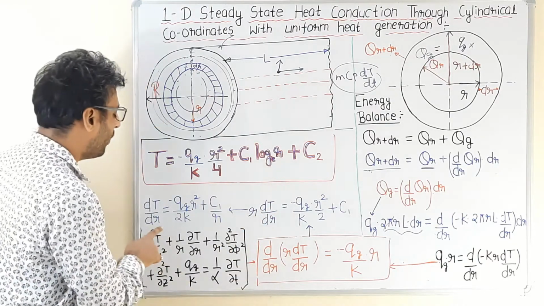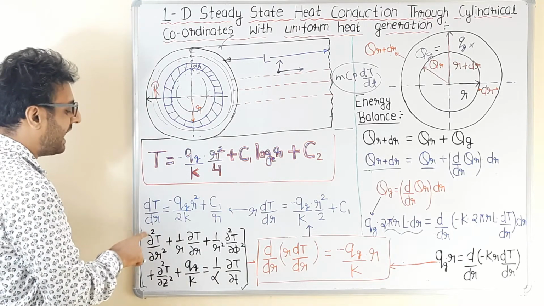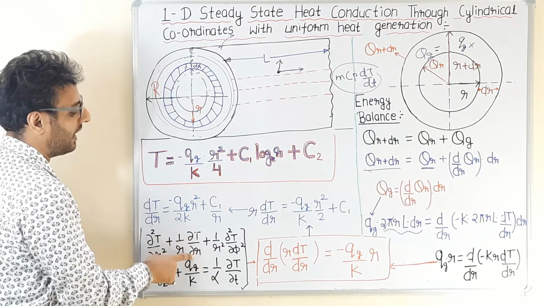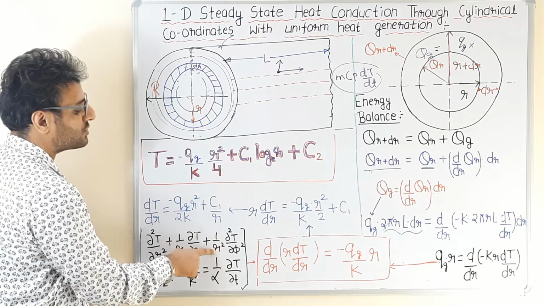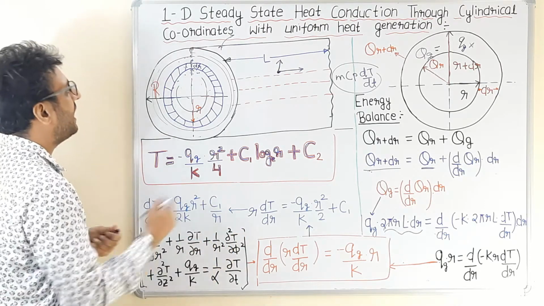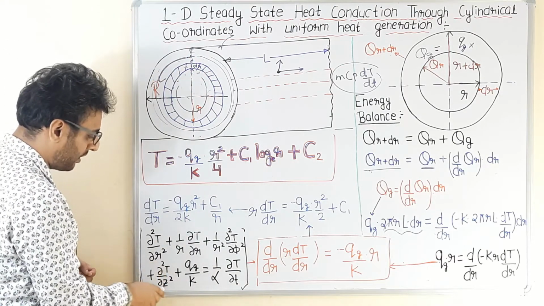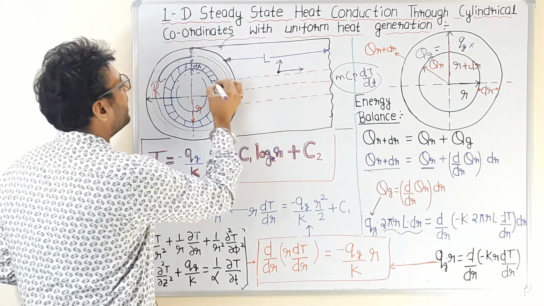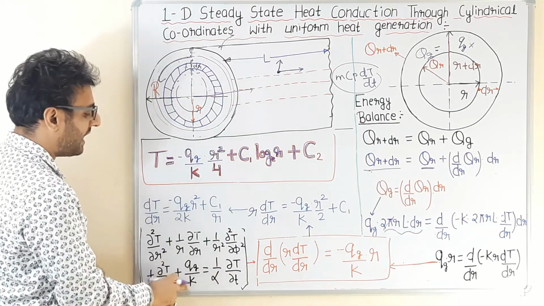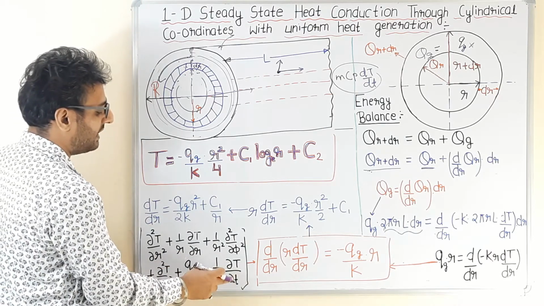As we already know, the general heat conduction equation for cylindrical coordinates is given by del square T upon del r square plus 1 upon r del T upon del r plus 1 upon r square del square T upon del phi square, which shows heat flow in the tangential direction, plus del square T upon del z square, which shows heat flow in the axial direction, plus Qg by K, the heat generation term, equals 1 by alpha del T upon del t.